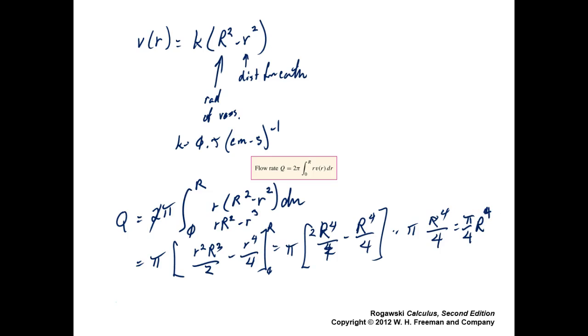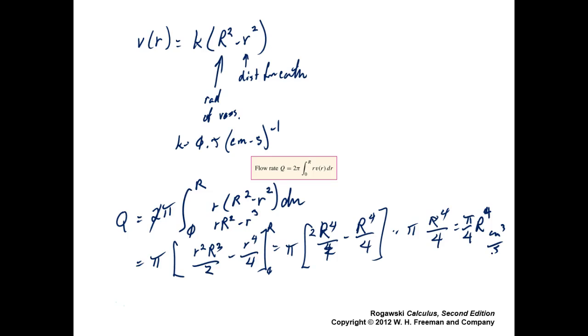And this will be cubic centimeters per second. All right, and this is where they came up with that, because this varies as the fourth degree of the radius of that thing.